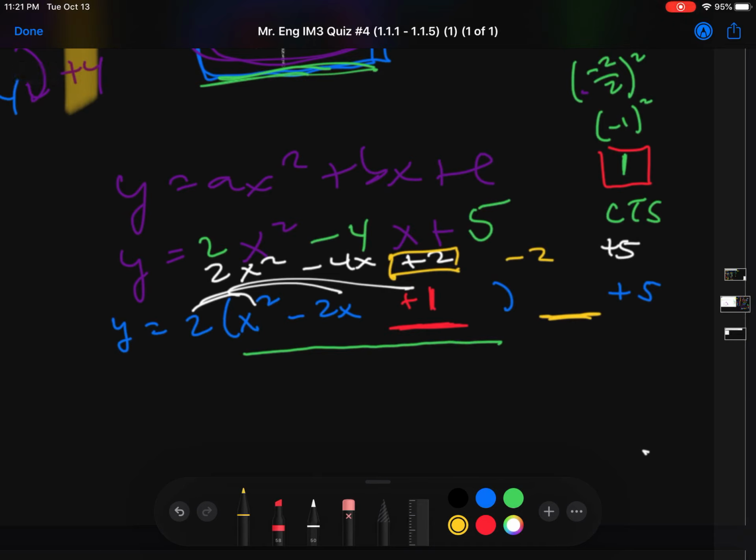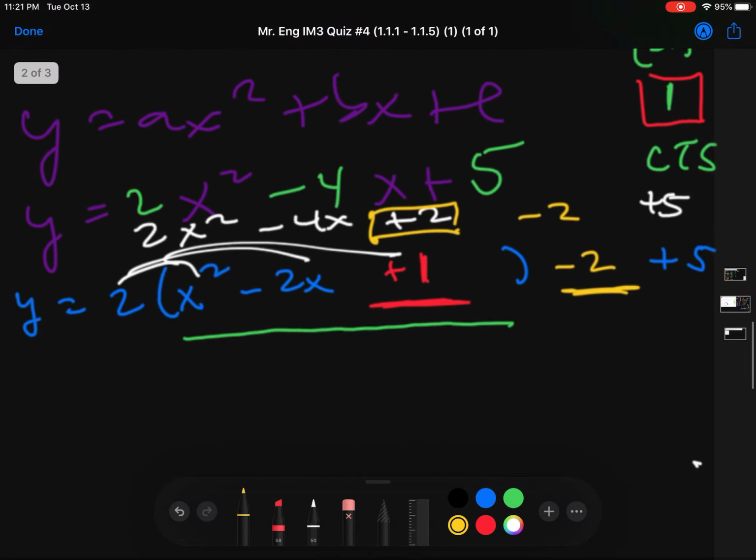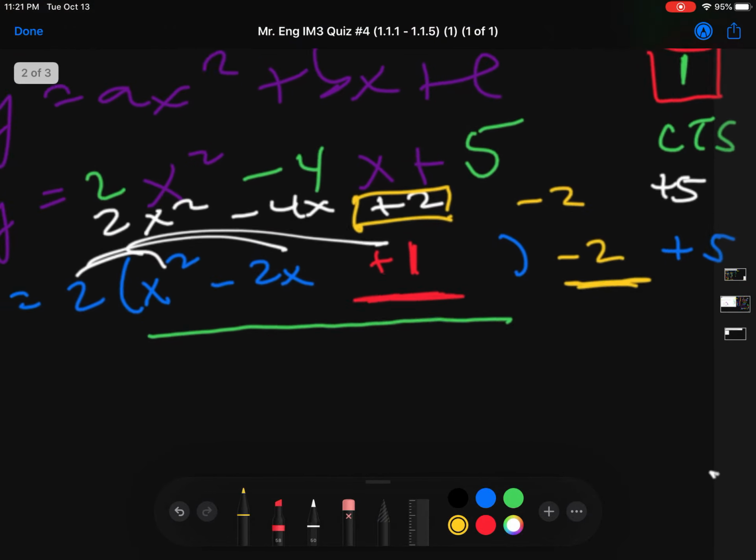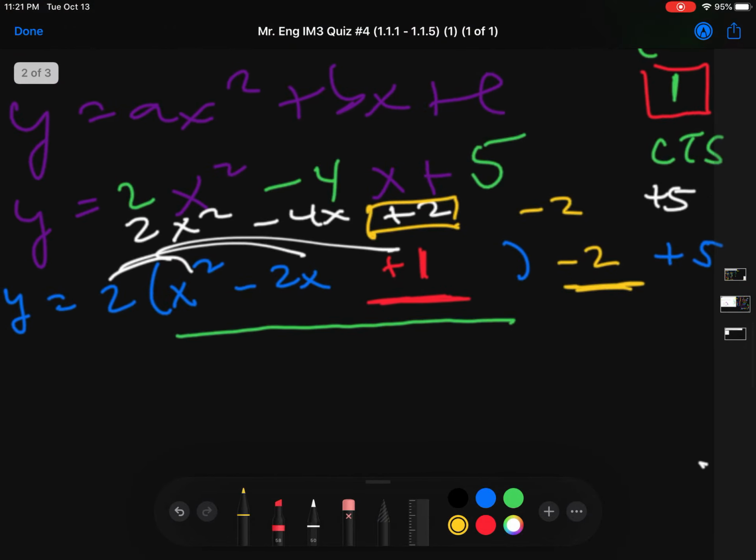And if that's gone, then I'm left with what's in white, 2x squared minus 4x plus 5, which is my original equation. So this one's tricky, but basically, to complete the square, you're writing a plus 1. To make the equation balance, you have a minus 2. Again, why? Distribute, you'll get the original, and you have to make the yellows in between here equal to 0.